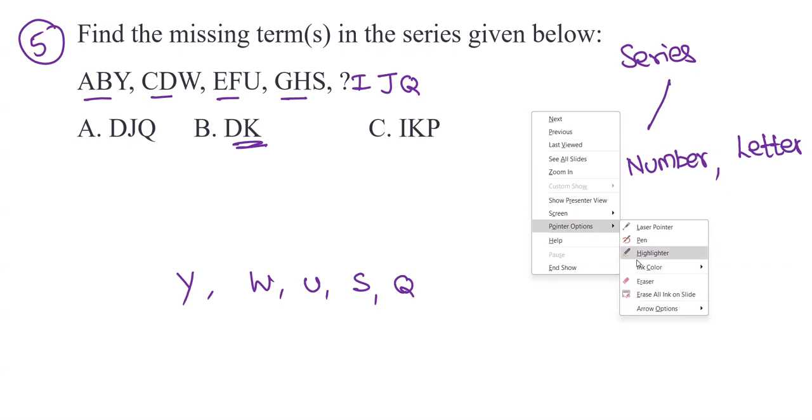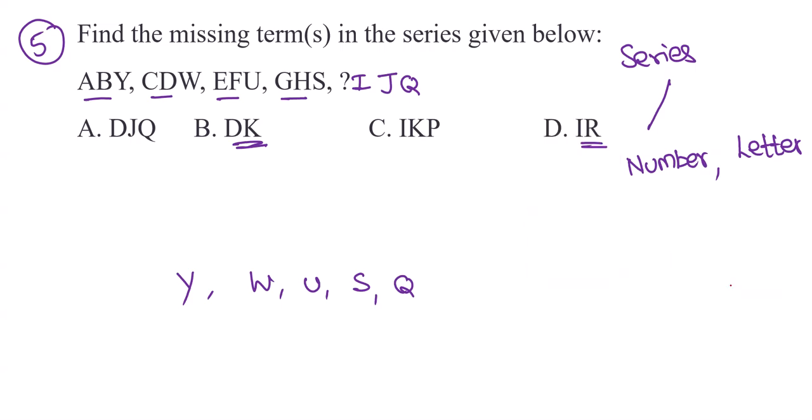Sir, how can we say Q is the last letter? You can see this is 25, this is 23, 21, 19, 17. Two letters gap, right? This is the answer. Don't worry, it's maybe a typing error, that's not an issue. We have to get the answer as I, J, Q. A, B, C, D, E, F, G, H, I, J, and the last letter is that.